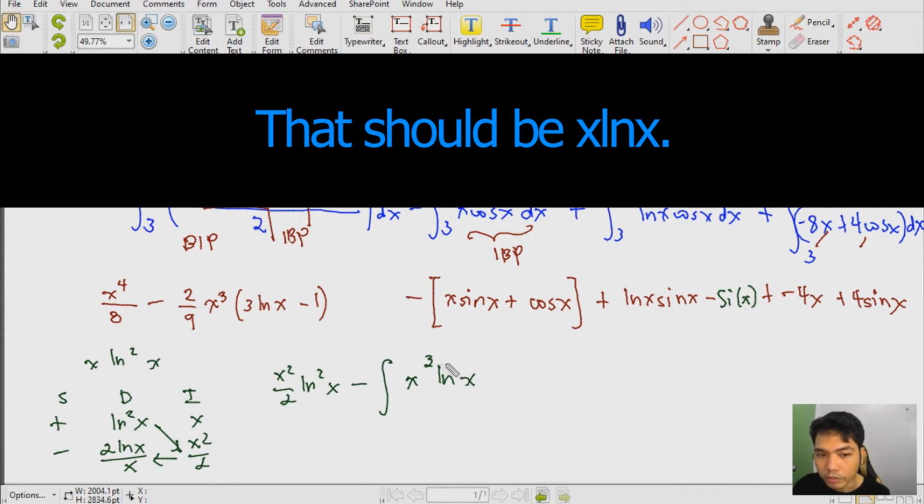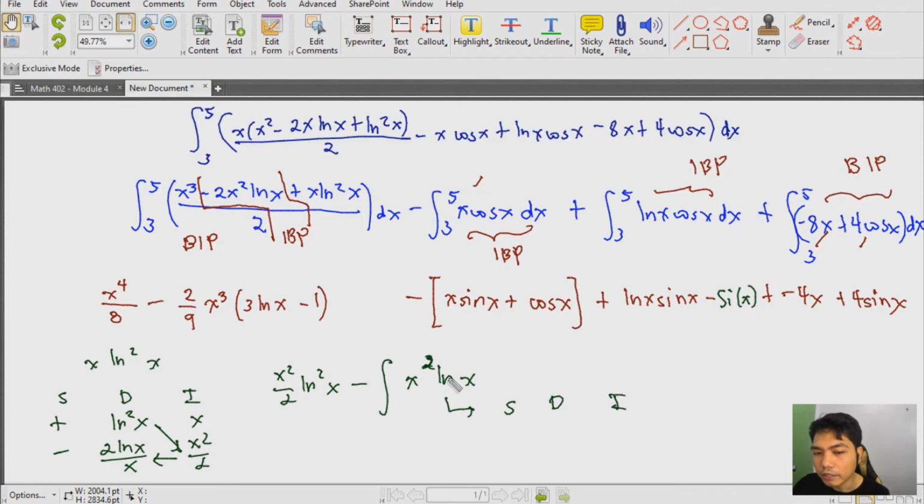From this, can we still apply integration by parts to x squared ln x? Yes, we can still do another SDI table here. This time we'll use ln x as the one we differentiate. So we have u equal to ln of x, du equal to 1 over x, dv equal to x squared, so therefore v is equal to x cubed over 3.